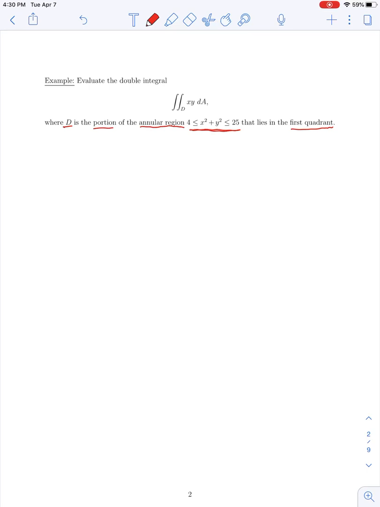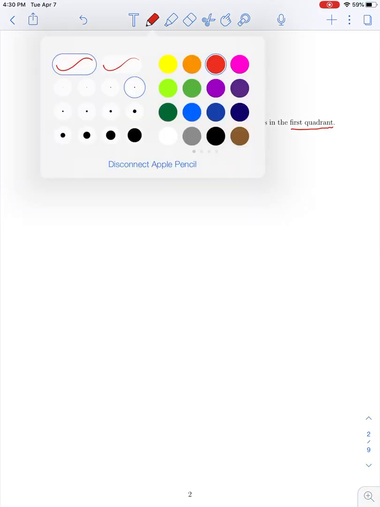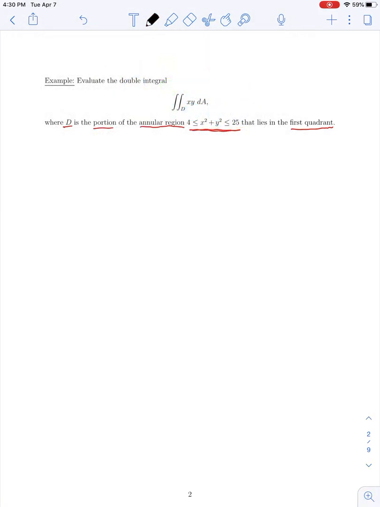As with our double integrals over general regions, let's start by sketching our region. Here we're looking at just part of some region that lies in the first quadrant. So we only need to consider the part of our region that lies in this first quadrant.